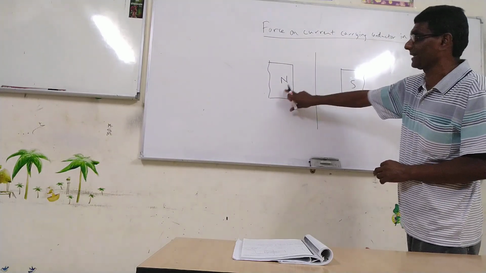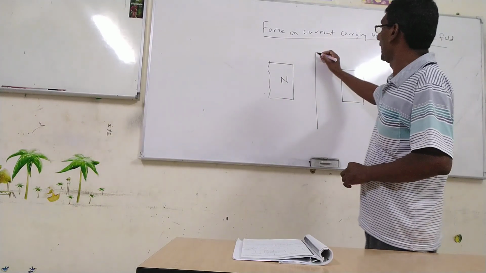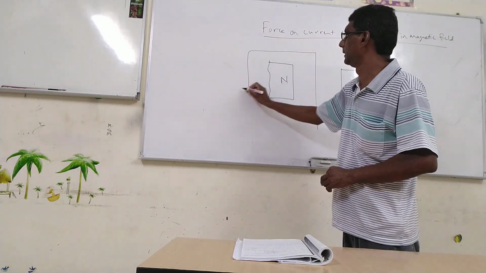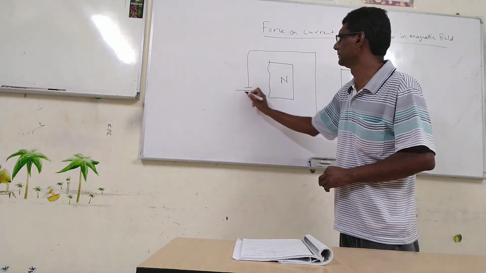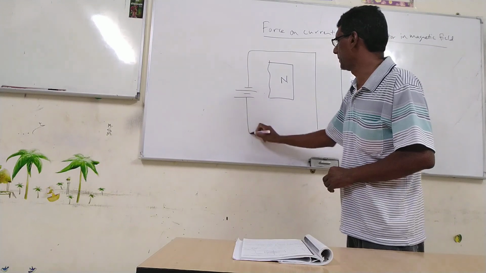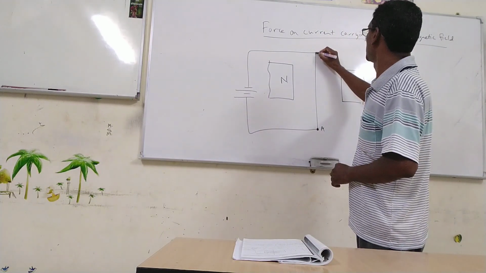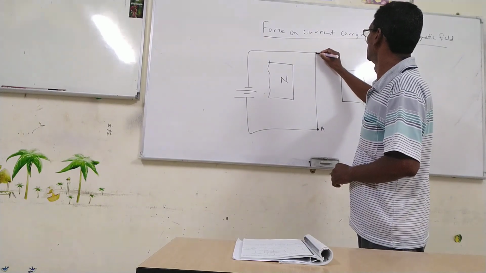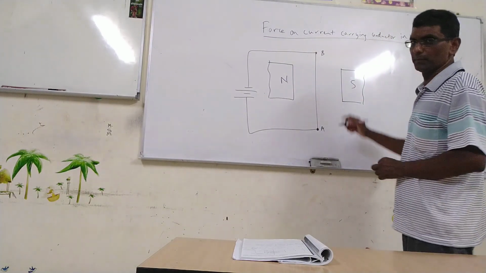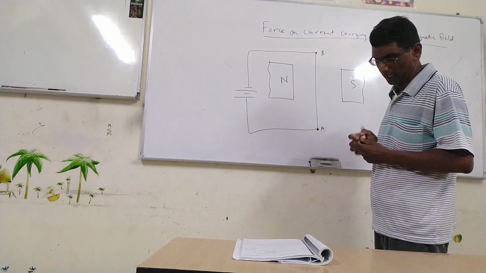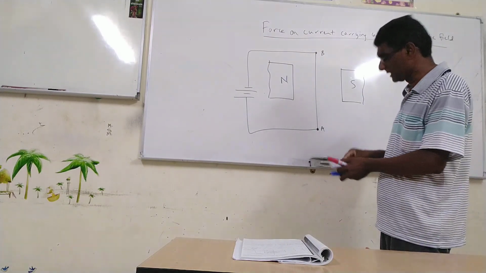And this is a battery. This is conductor A, conductor B, conductor AB. And first of all, there's a magnetic field.